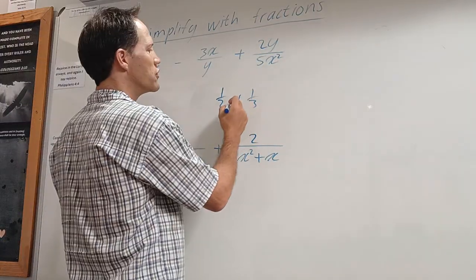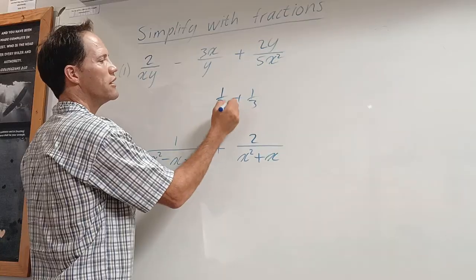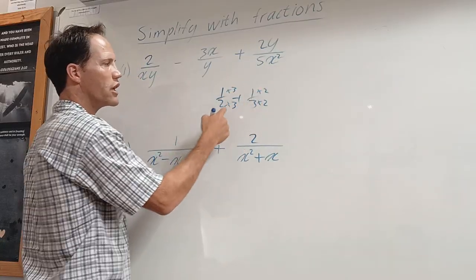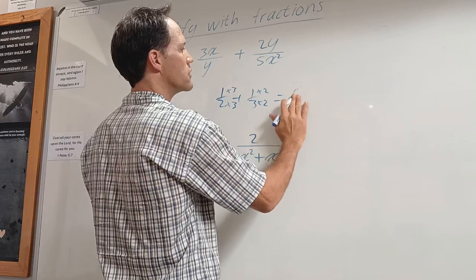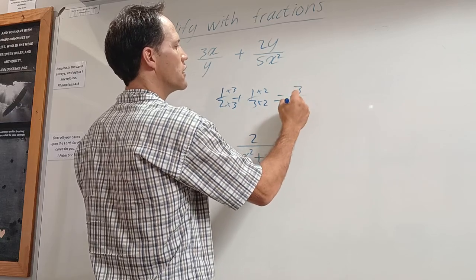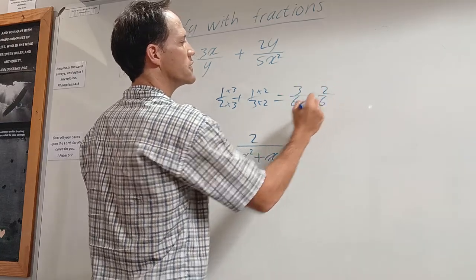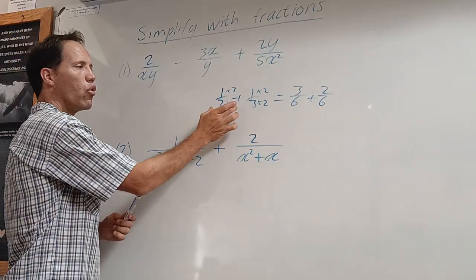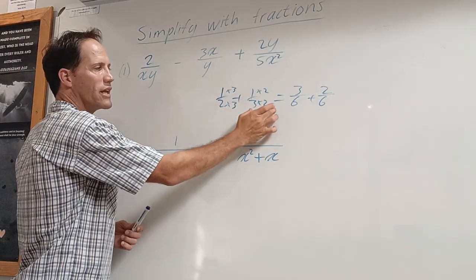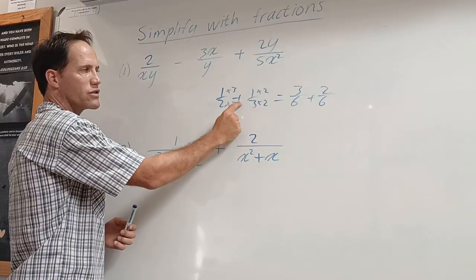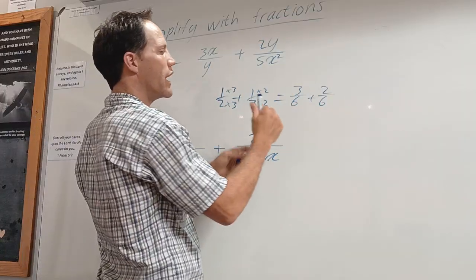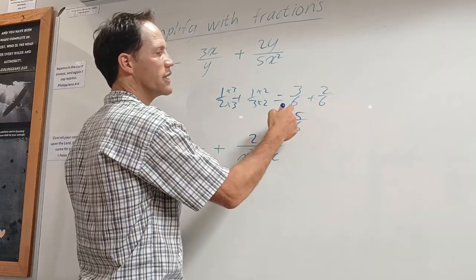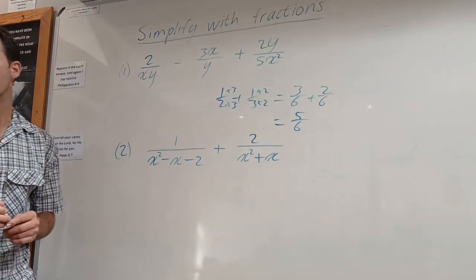You would have to multiply this by 3, multiply this by 2, so you get 3 over 6 plus 2 over 6, and then it becomes 5 over 6. You always have to make the denominators the same when you're adding or subtracting, because then you can combine them and say 2 plus 3 gives you 5 over 6, and the denominator stays the same.